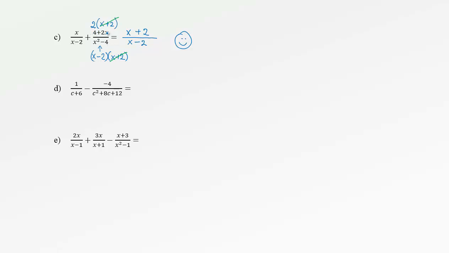However, if you didn't notice that this numerator factors and then you can reduce, you can still do this question the regular way. That means here will be a second solution by writing the least common denominator, which is x minus 2 and x plus 2, and then extending the first fraction by multiplying the top and the bottom by the missing bracket, by the x plus 2 bracket.